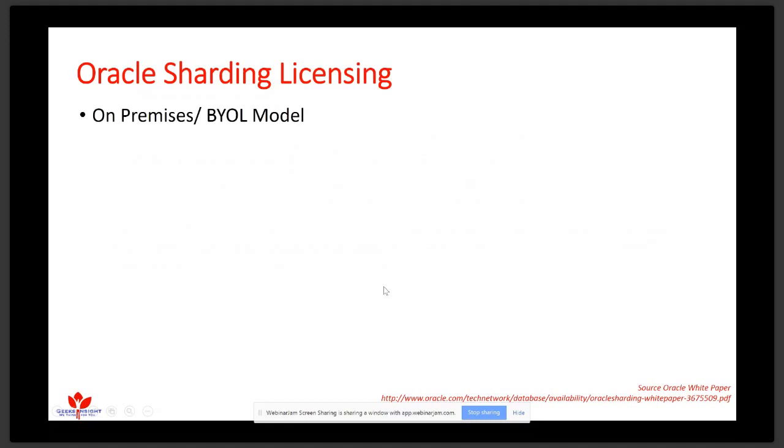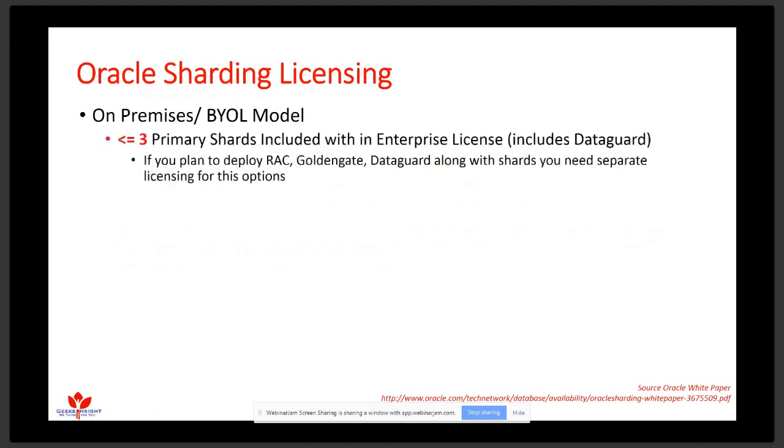Okay, sharding licenses. According to the white paper that has been given, if you have less than or equal to 3 primary shards and an enterprise license which includes Data Guard and partitioning, you don't need to pay for the Oracle sharding license. So if you plan to have RAC, GoldenGate, and Data Guard along with sharding, you must have licenses for those options.